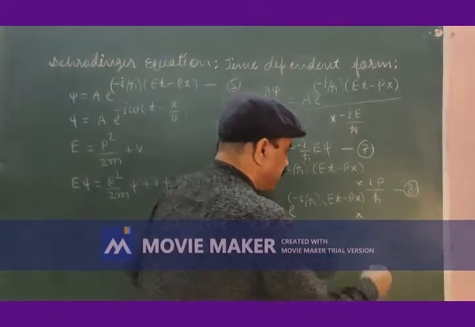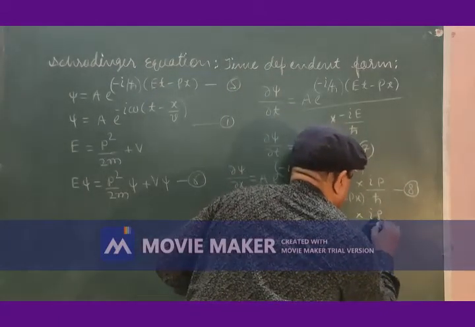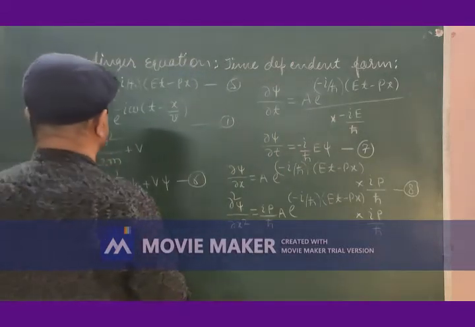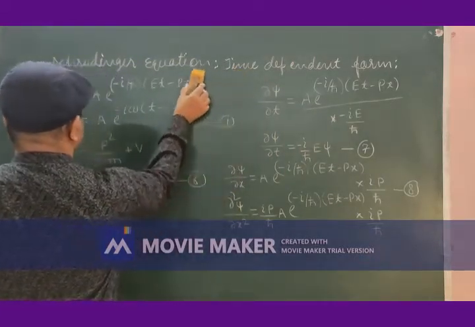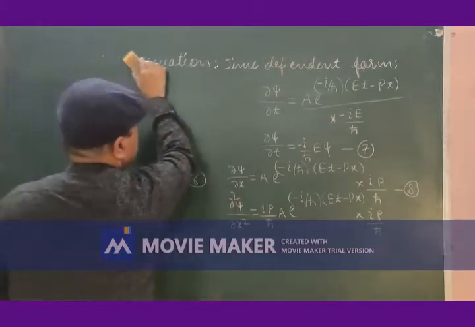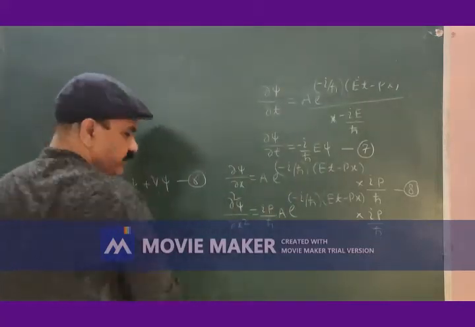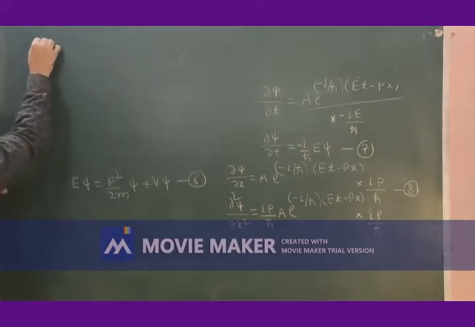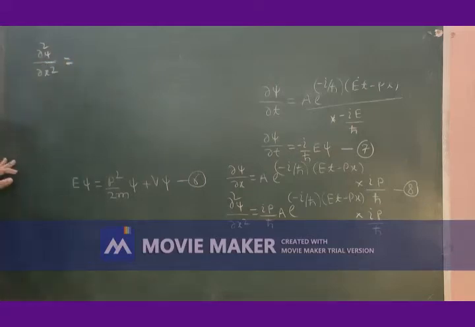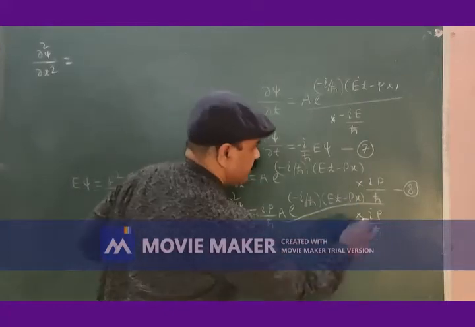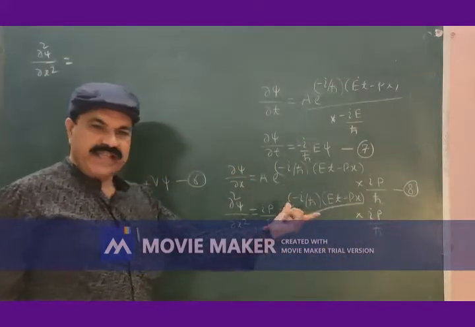That will be the same, iP divided by h cross. And A times this will be psi again.